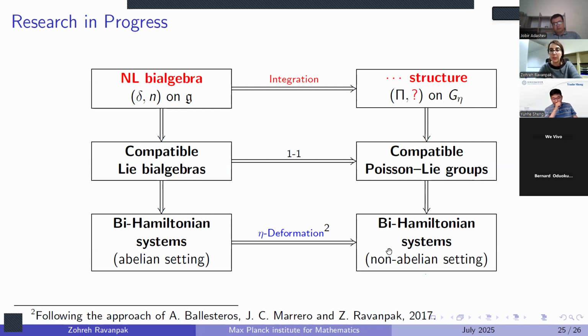This is the structure that we had in our previous work, and on the right-hand side we have the deformation, where the parameter eta appears, and when eta vanishes, goes to 0, we get the counterpart on the left-hand side. So if eta goes to 0, G goes to G, the compatible Poisson structure goes to the linear one, and also the Hamiltonian system.